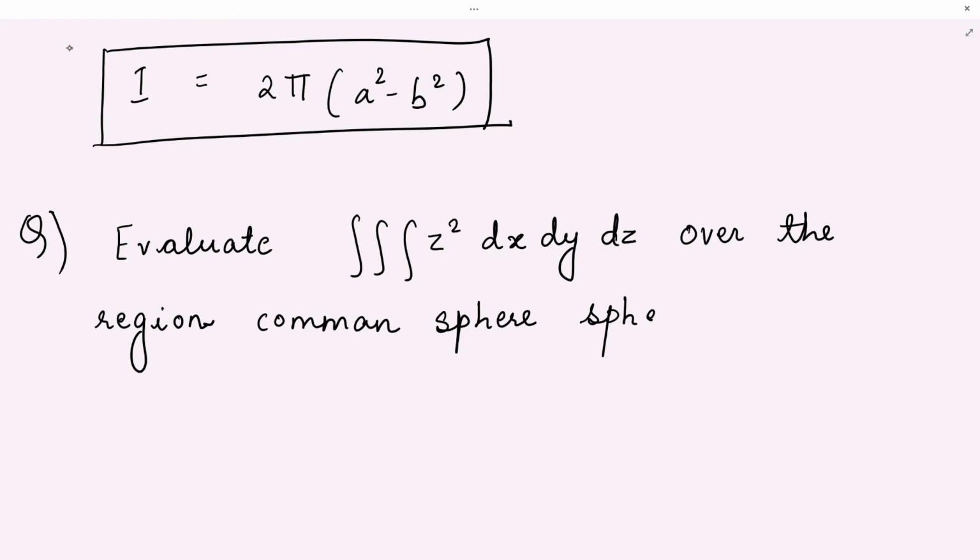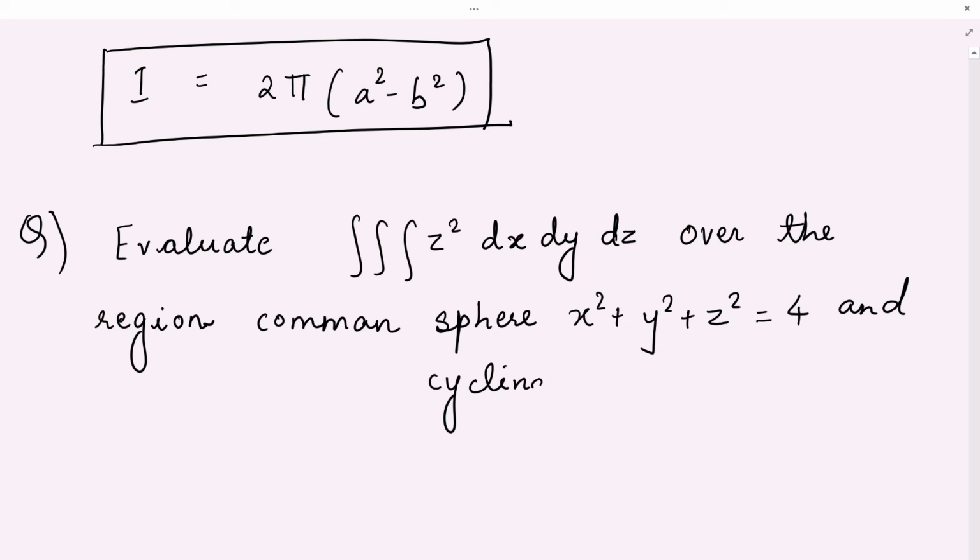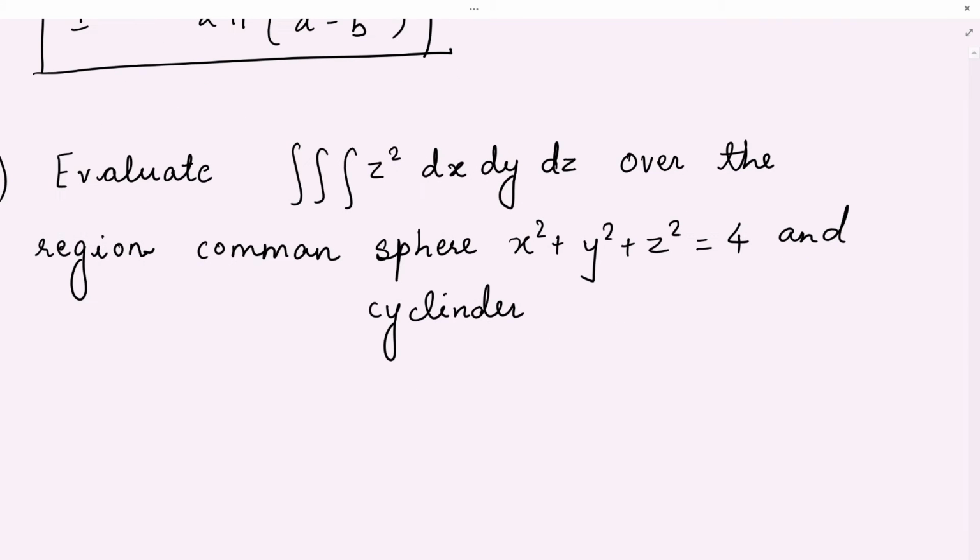The equation of the sphere that is given is x square plus y square plus z square is equal to 4, and a cylinder is given. Now drawing this is not necessary actually. It's three-dimensional, and drawing a cylinder and a sphere and taking the common region is wasting time, not necessary.